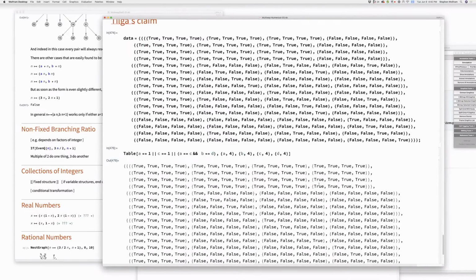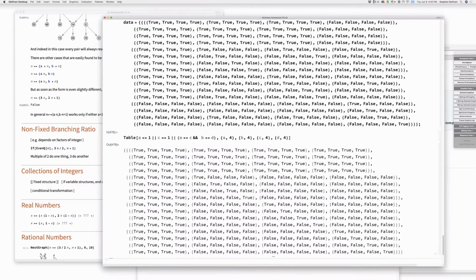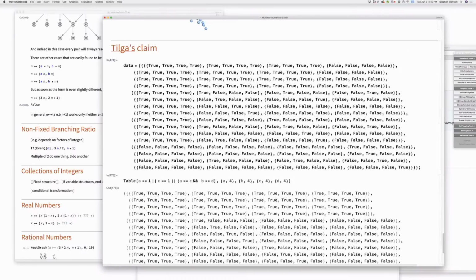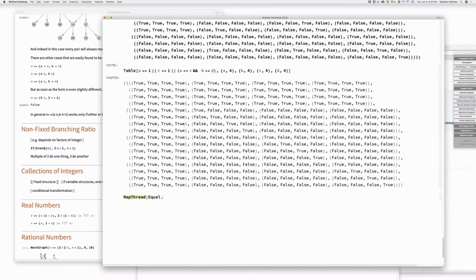What's the best way to do that? Should we do a map thread? Map thread of equal onto %474 and 476. Do I have to do it at level 2, or is this going to do the right thing?